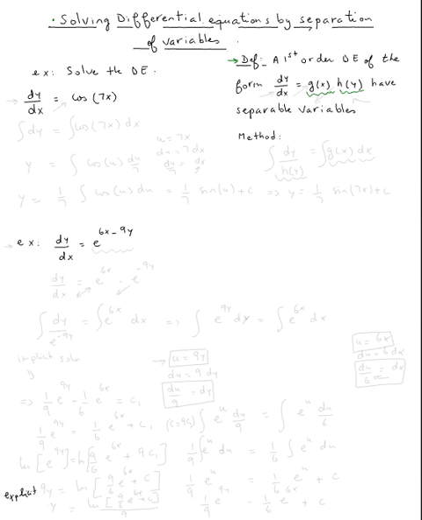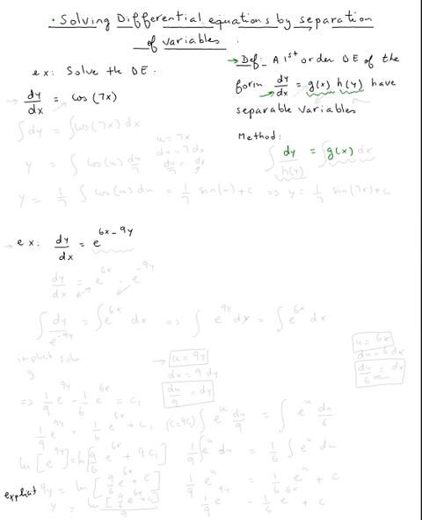The method will be, you can always move things diagonally. So the goal is to put all the x's and the dx's on the right side and all the y's and dy's on the left side. So this equation becomes, the dy is on the left side, I'm not going to touch it, g of x is on the right side.